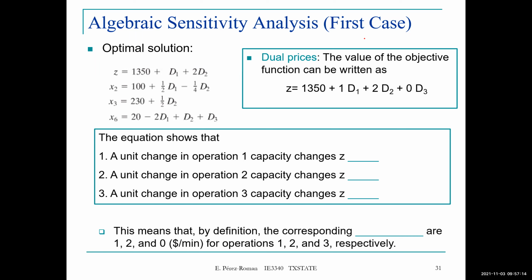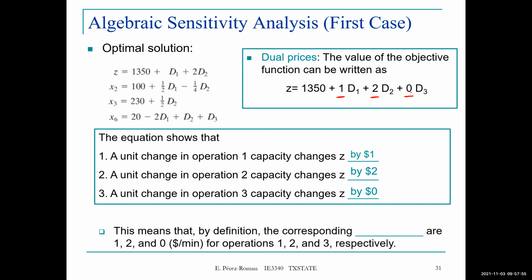The equation shows that a unit change in operation 1 capacity changes the objective function value by $1. A unit change in operation 2 would change the profit by $2, and a unit change for operation 3 would change the profit by $0. And that's all coming from that objective function value, which is 1,350 plus D1 plus 2D2.